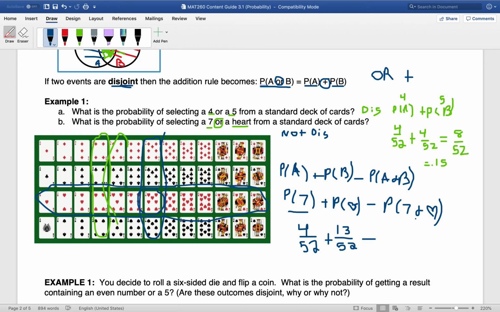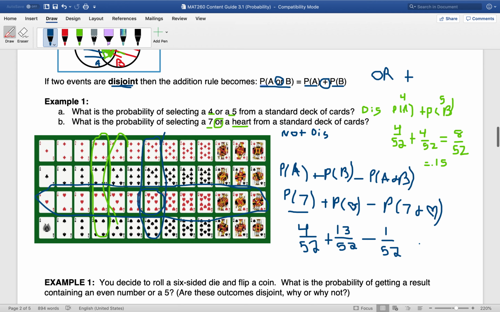And now we want to subtract out the 7 and the heart. So if you can see, we circled the 7 of hearts twice. So that's why we need to take it out once. So there's one card that's a 7 and a heart out of the 52. So we're going to subtract out that. So 13 plus 4 will give us 17. And we're going to subtract the 1.